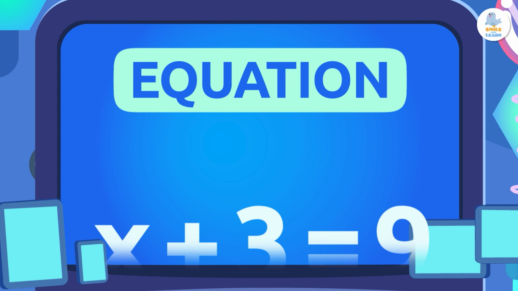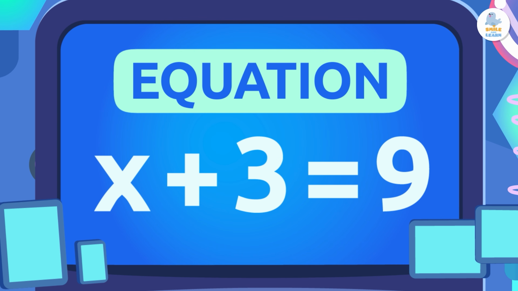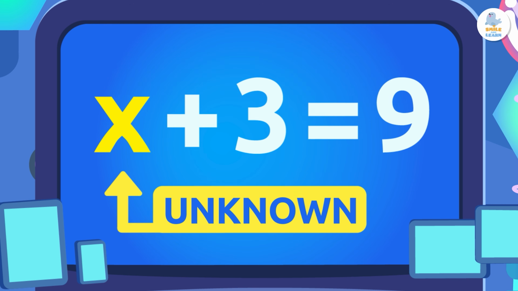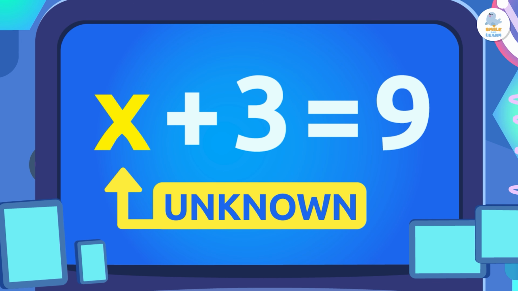In an equation, we have constants and variables. Constants are numbers with a fixed value. They don't change. Variables are the unknowns, which are usually represented by letters. The most common one is x.